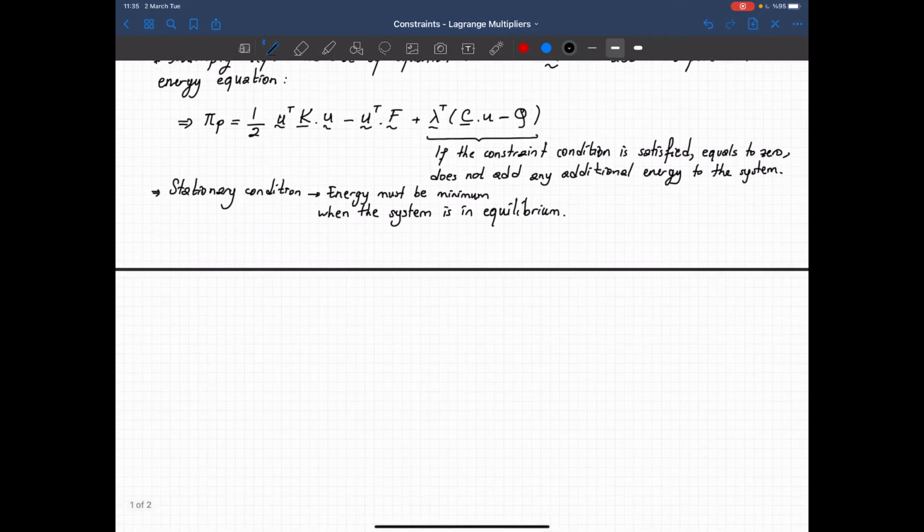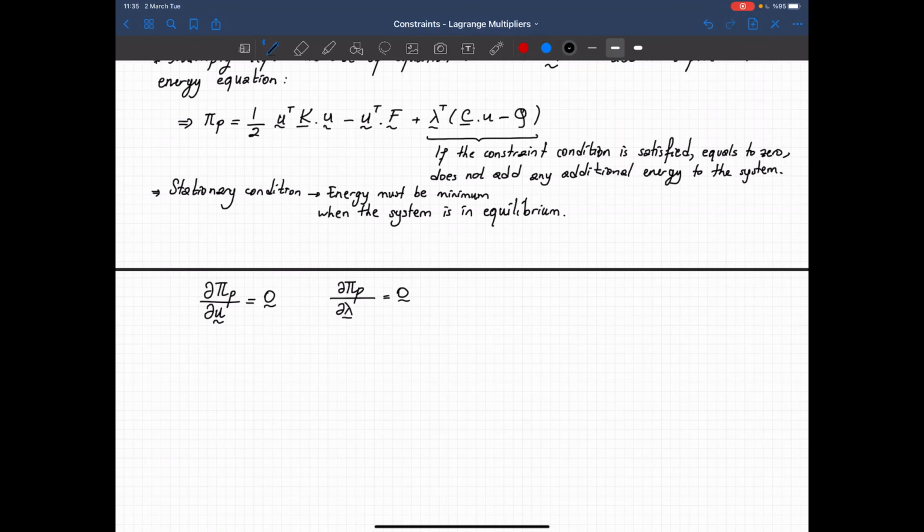So the stationary condition implies that I have two parameters. The one condition is that the derivative of the potential energy with respect to U must be equal to 0, so that I'm in equilibrium. And for the second part of the equation, the derivative should also be equal to 0.